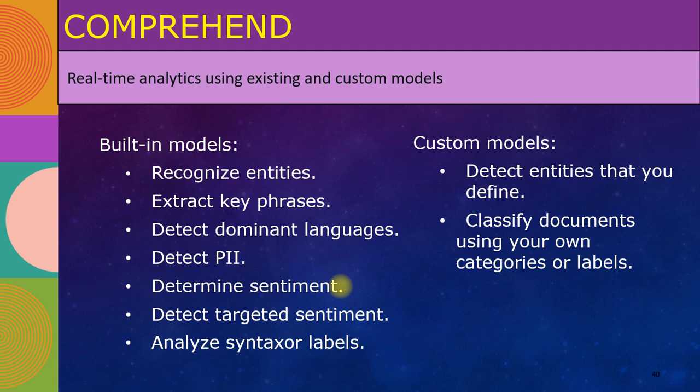So maybe this paragraph does say the customer is saying something good, that they were happy with a lot of services, but they weren't happy with the expense of the product or the service, and so it'll detect the target sentiment, which is good, but there could be some bad in there. So it'll give you percentages, and then it'll analyze syntax or labels.